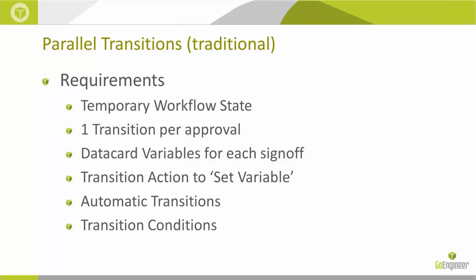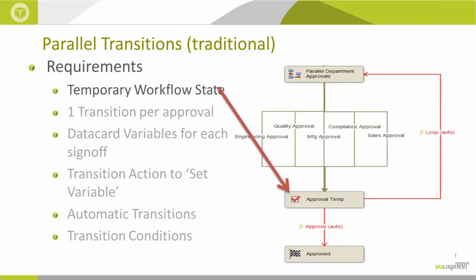I'm going to need one transition object in my workflow per particular approval. I'll need data card variables to capture each individual who signs off. We'll need to set up some transition actions to update those variables. And then we'll also take advantage of some automatic transitions and transition conditions in order to facilitate this logic.